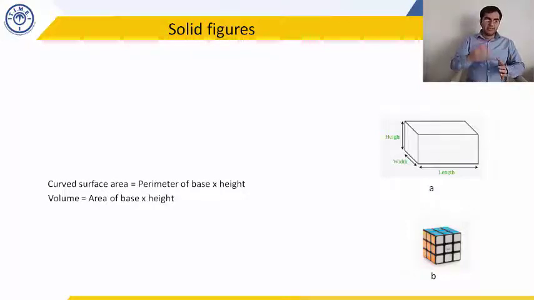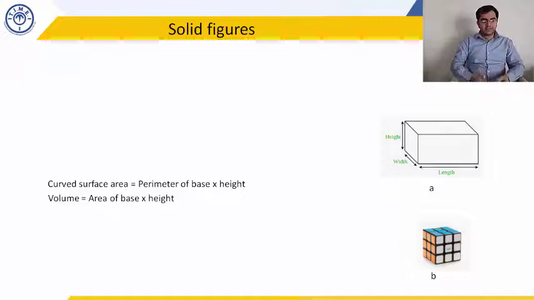A cube is a cuboid with all sides equal. You can write this in your copy. A cube is a cuboid with all sides equal. And the properties that we will associate ourselves with related to these solid figures will be the area and the volume.